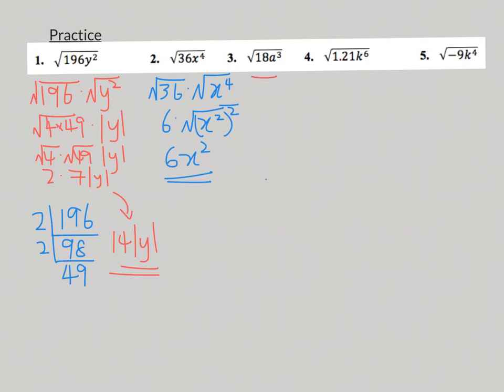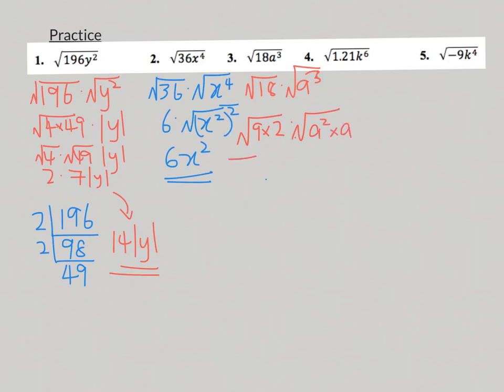So we can break it down into the principal root of 18 times a cubed. We have to think about the factors of 18 that give us a perfect square, and very nicely we can obtain 9 times 2. For a cubed, we can break it down into a squared times a.